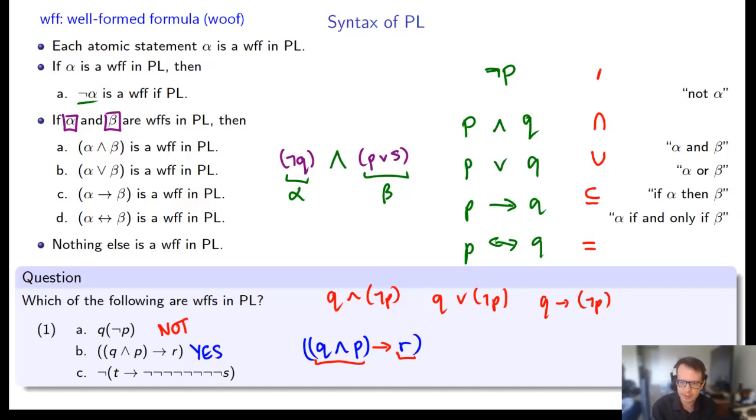So that's good. C, not T arrow, not S. Okay, this is a bit of a mess, but this is also well-formed. And this one is maybe not as intuitive as the others, but we can see how this is constructed.